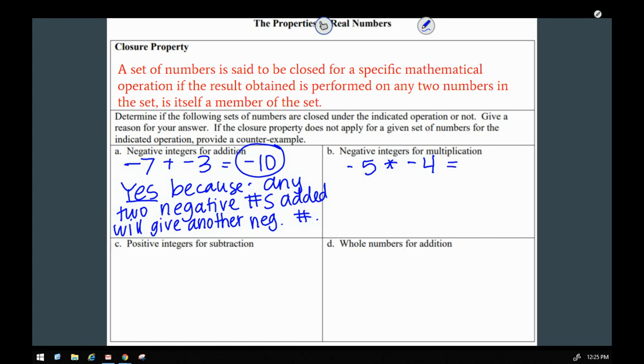What is -5 times -4, Spencer? Positive 20, okay? So, was a negative times a negative another negative? No, so this one does not work for closure. Because a negative times a negative gives you a positive answer.